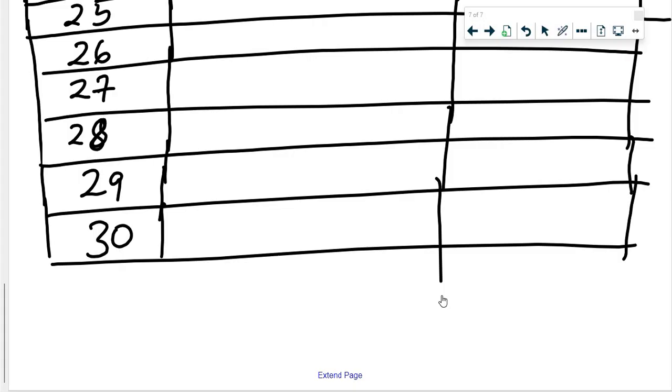Now, after arranging all these numbers, starting with the smallest to the largest, then we start recording. So how do we do that? It's simple.